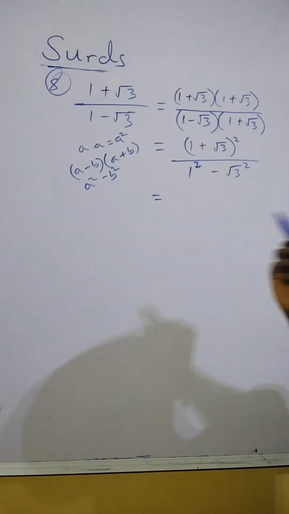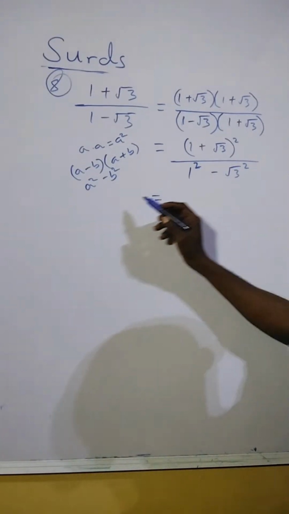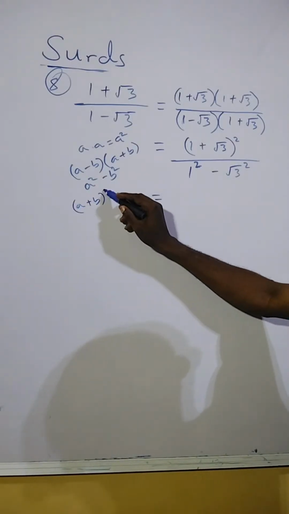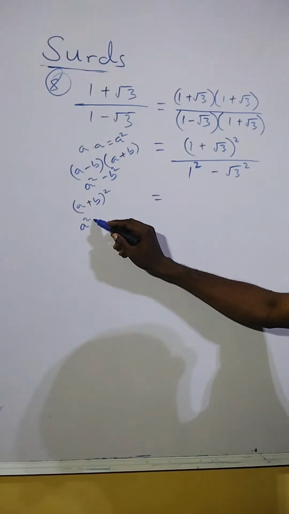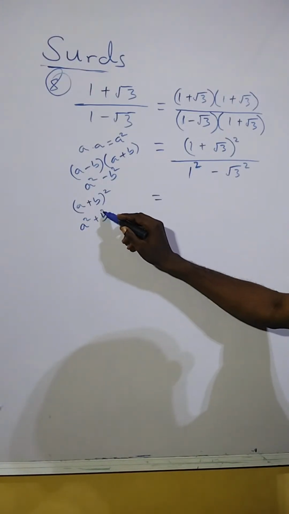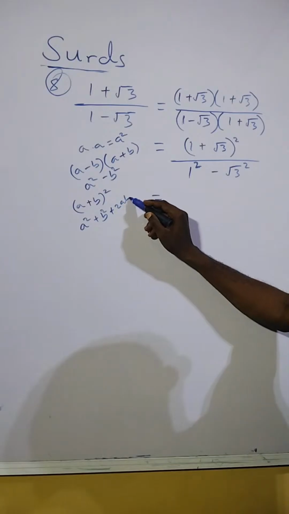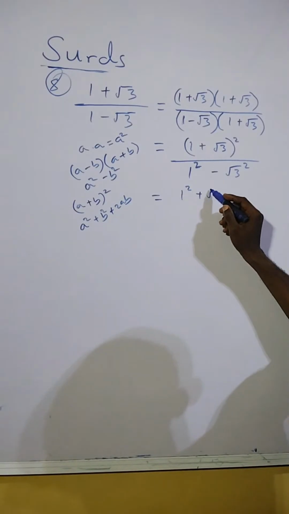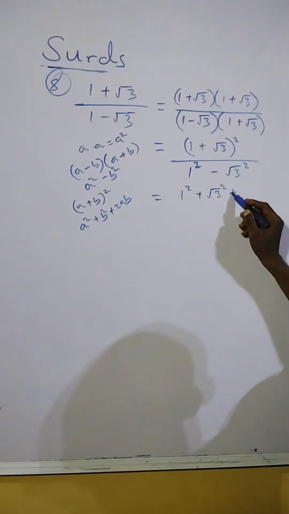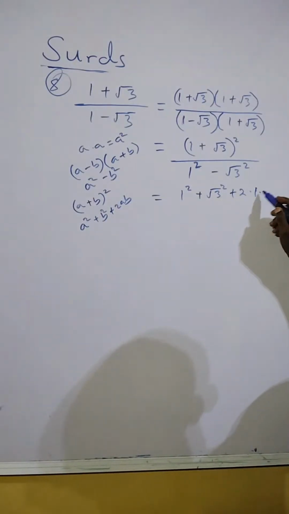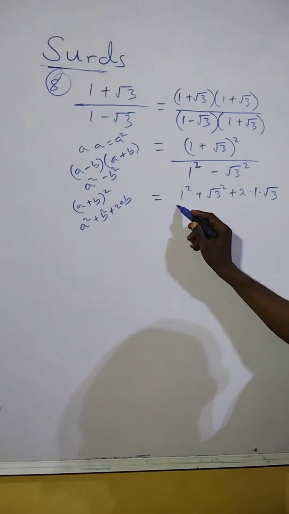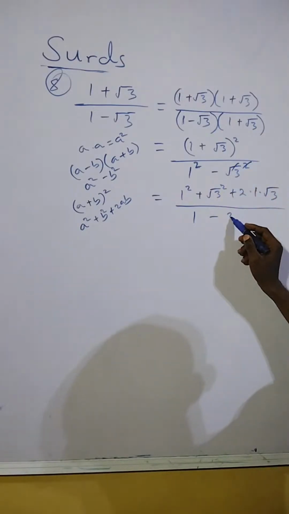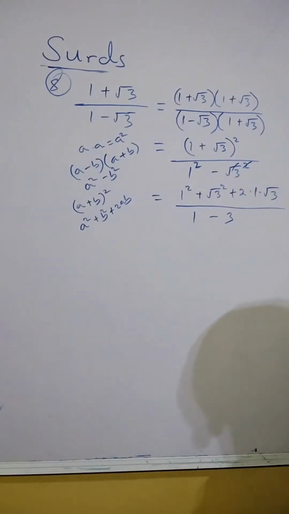Here we expand, and this follows when we have a plus b all squared, the same thing as a square plus b square plus 2ab. Here we have 1 square plus root 3 square plus 2 times 1 times root 3, over 1 square, that's 1, minus root 3 square, square cancels square root, we have 3.